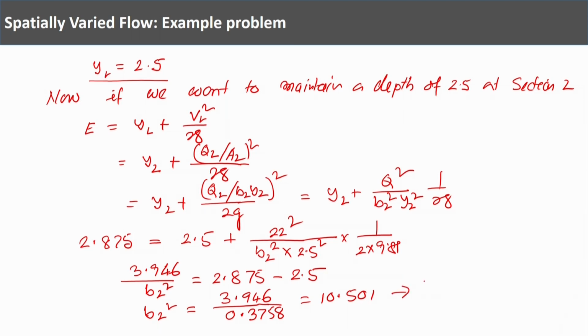If I solve it for B2, I am getting 3.24 meter. So, this is the solution. That means if I reduce the width of the channel to 3.24, the depth of flow at section 2 will be 2.5. So, to maintain a depth of flow of 2.5 at section 2, I have to reduce the width of the channel to 3.24. Earlier it was 4.5 and now we have to reduce it to 3.24.